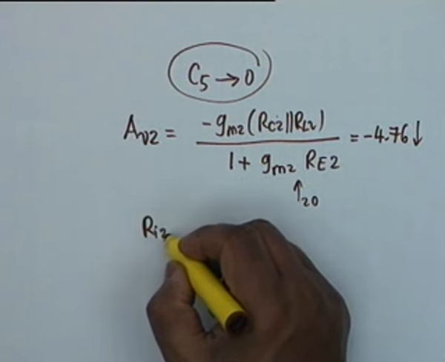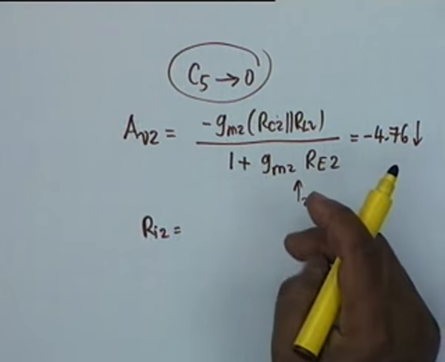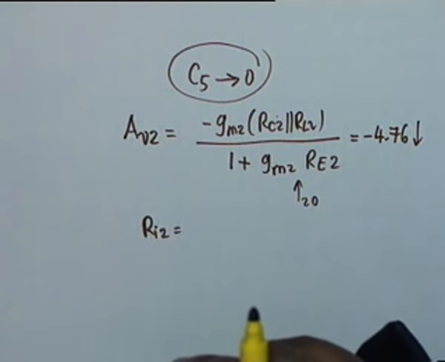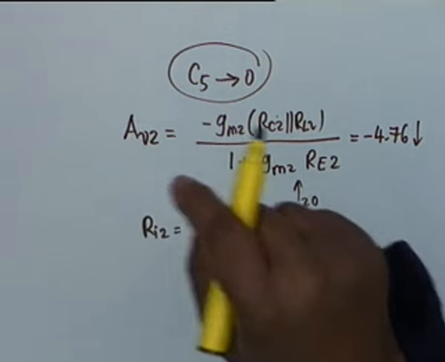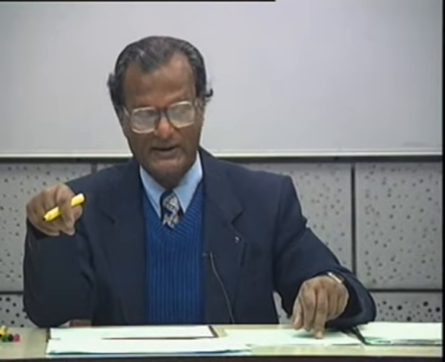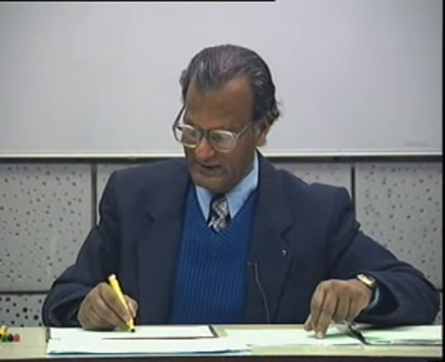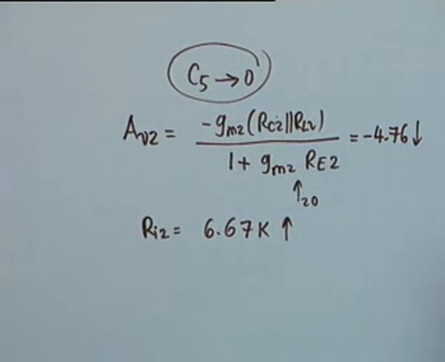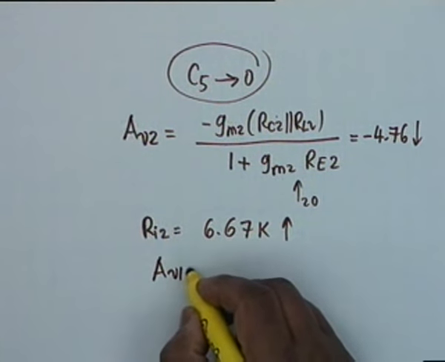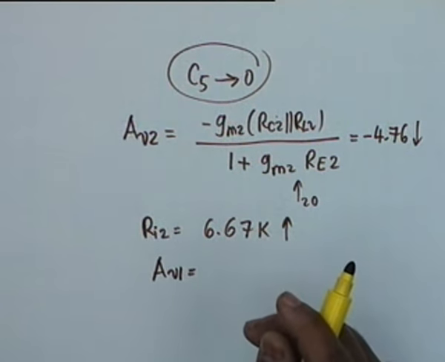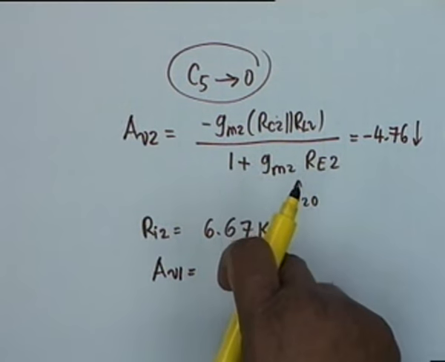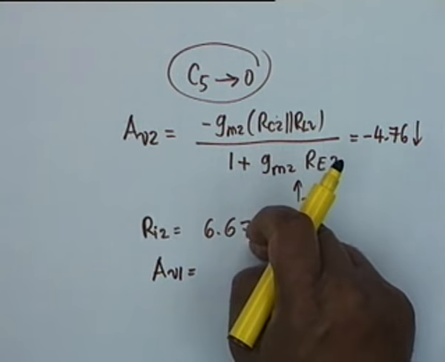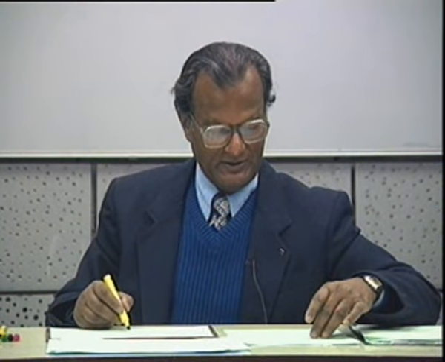The input resistance of the second stage would now be RB2 parallel R pi 2 plus beta plus 1 times RE2. If you calculate this, it increases to 6.7K. It increases. AV1, do you expect it to increase or decrease? Ri2 has increased, and therefore its effective load has increased, and therefore AV1 has increased.